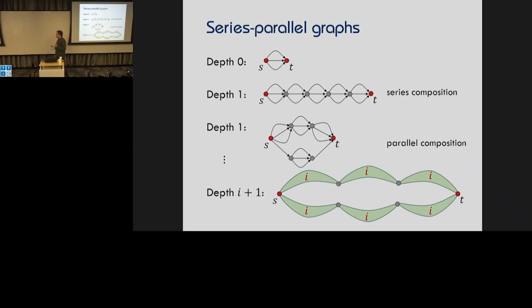In general, if we have defined a series parallel graph of depth i, we get a graph of depth i plus 1 by taking series parallel graphs of depth i, combining them in this series way, and then combining the obtained graphs in a parallel way. So that's the definition.